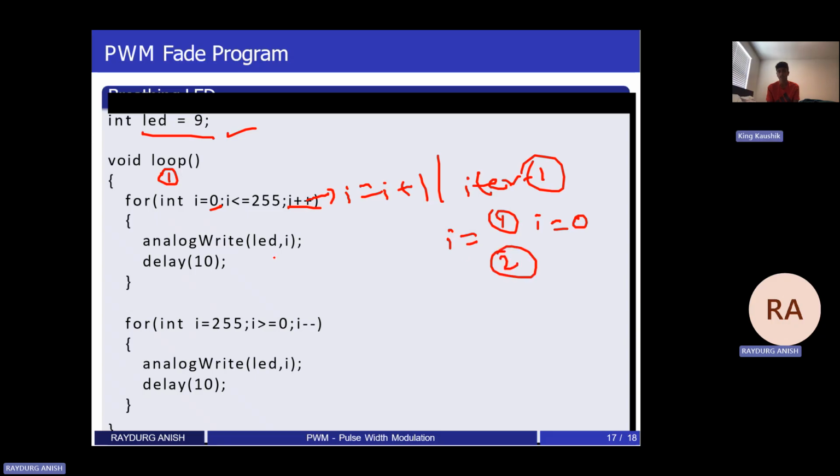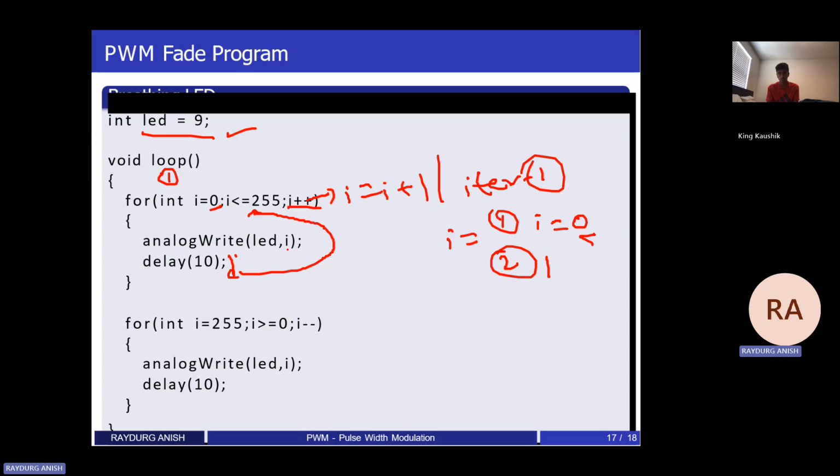Then it will give a delay of 10 milliseconds. Then again the condition: is 0 less than 255? Yes, so I will be incremented, 0 plus 1. So I value is 1.